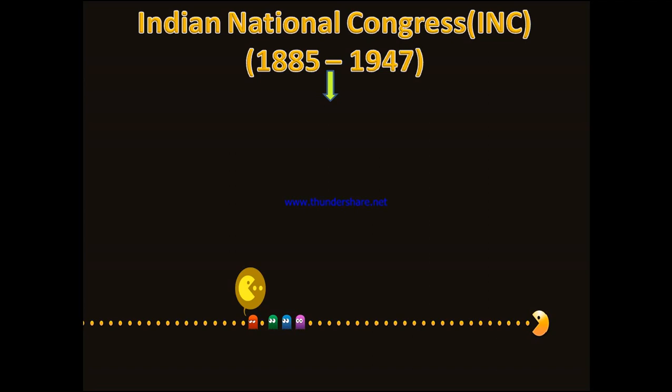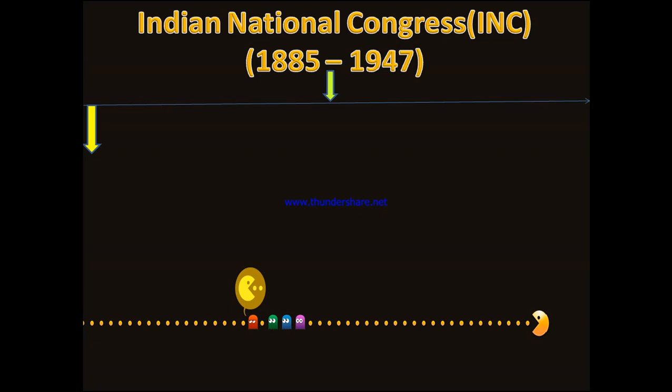But after a few years, what happened? All the leaders, especially the educated Indians, decided to establish a common organization for the entire country to get freedom, liberty and all these things. That is why one retired British officer, A.O. Hume, established one common organization for the entire country, called the Indian National Congress.